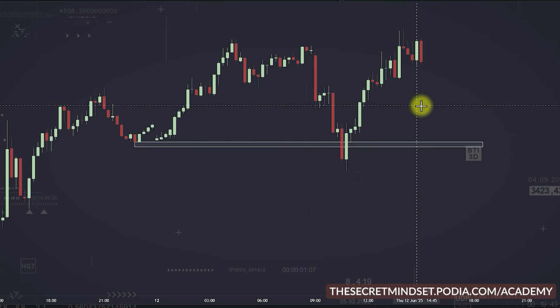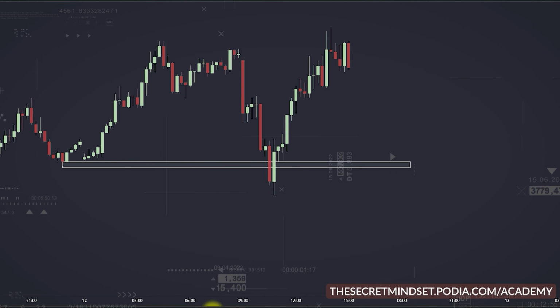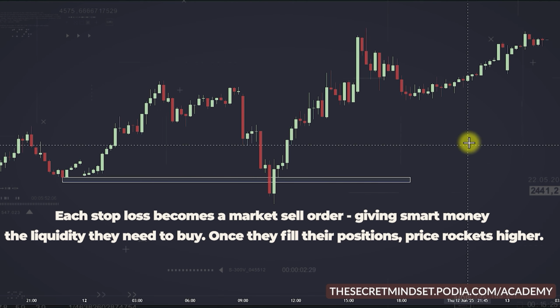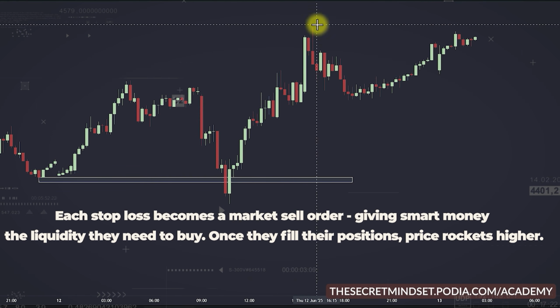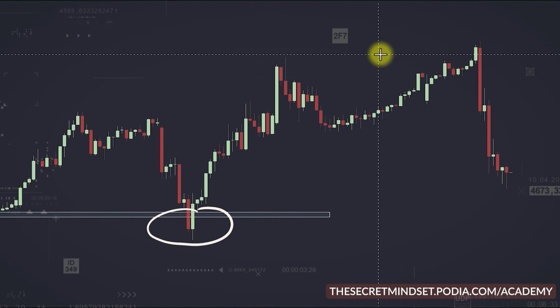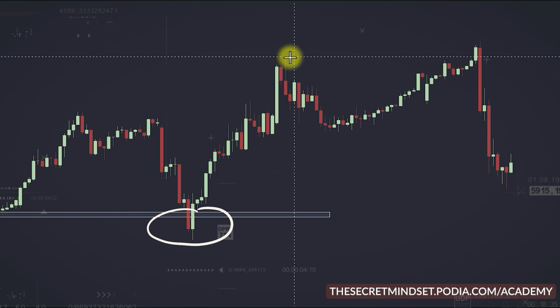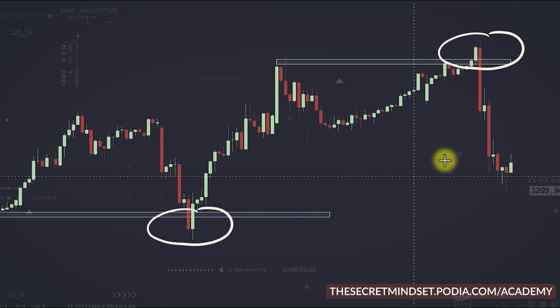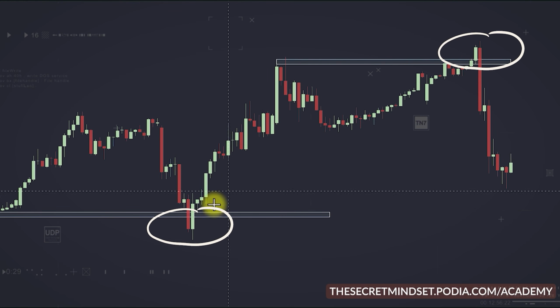They pushed price just below support to trigger those stops. Each stop loss becomes a market sell order, giving smart money the liquidity they need to buy. Once they fill their positions, price rockets higher. This isn't a failed trade, it's a successful manipulation. The support level worked exactly as expected. Smart money just used it differently than retail traders.